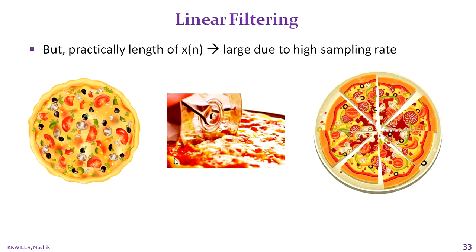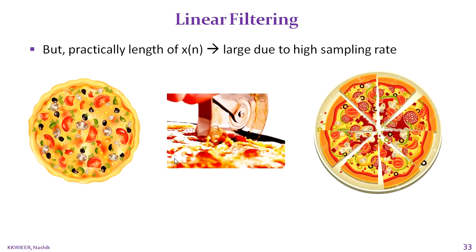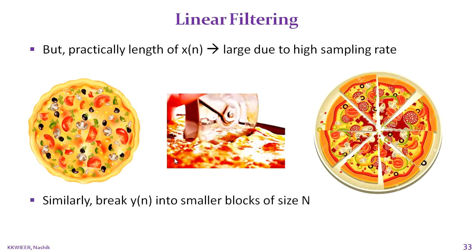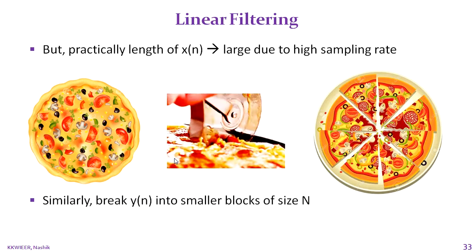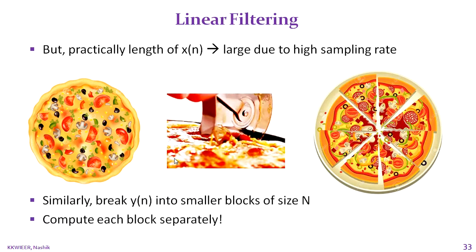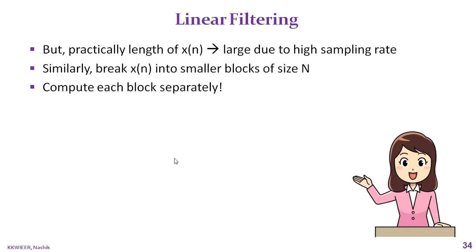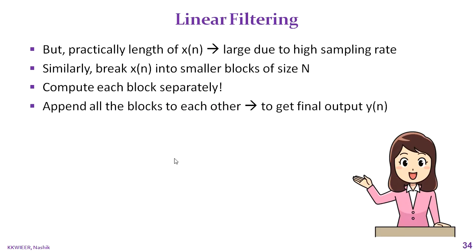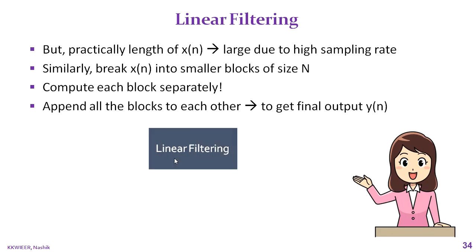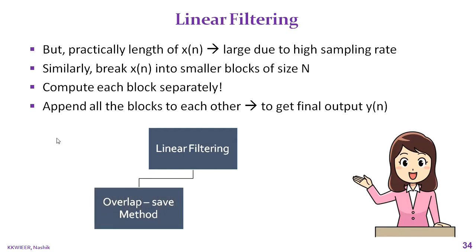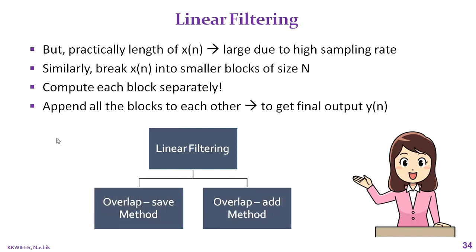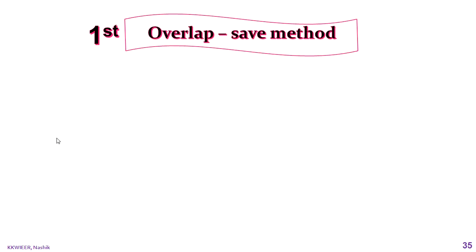So we will break y of n into smaller blocks of size N to compute each block separately, appending all the blocks to each other and getting the final output y of n. There are two methods: one is the overlap save method and the other is the overlap add method. Let us start with the first method, that is the overlap save method.